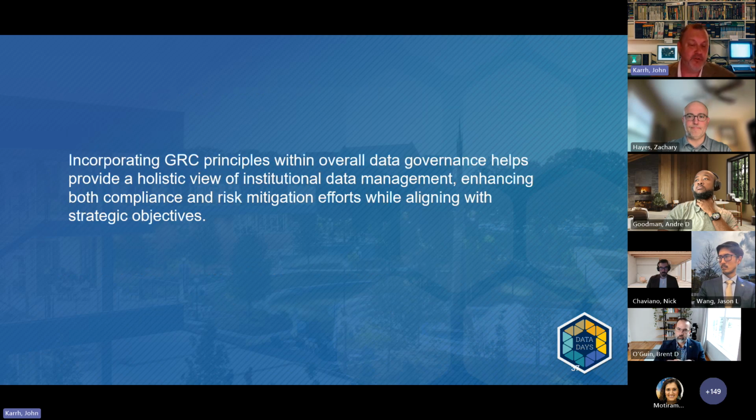So as we move in, my last slide, I just want to say the goal here from a GRC perspective is incorporating these principles with overall data governance, but it provides us a holistic review of institutional data management, compliance, and risk mitigation. But the big thing for us is that it aligns us with the strategic objectives of the Institute. And that is first and foremost what we do in the GRC, is make sure that all of our efforts align with strategic objectives.